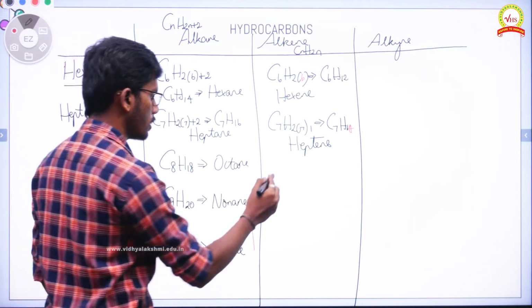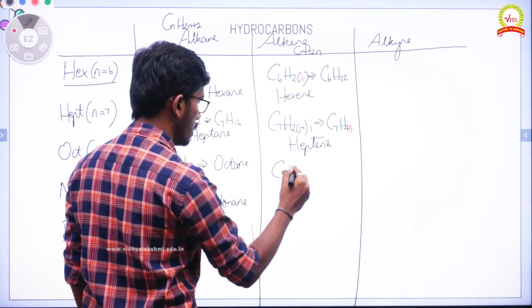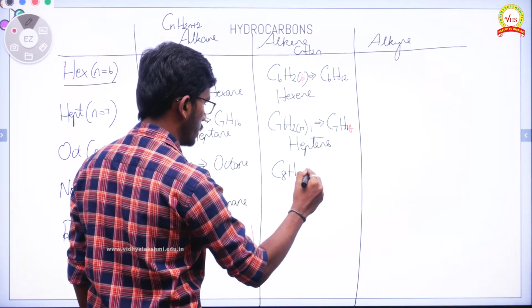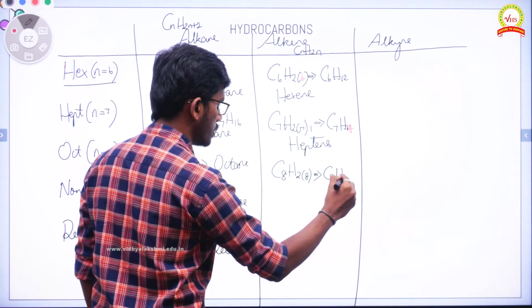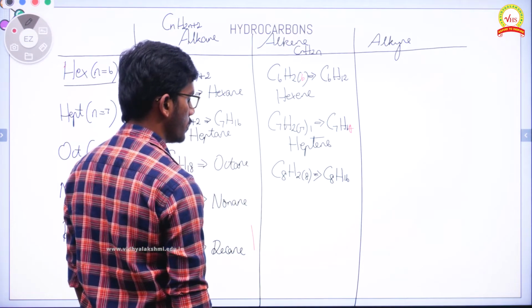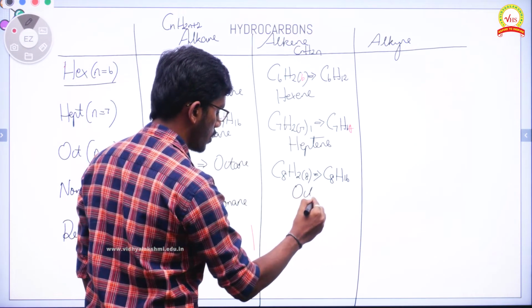Next 8 carbon atoms, C8H 2 into 8, the simplified is C8H16, and the name of this compound is going to be octene.